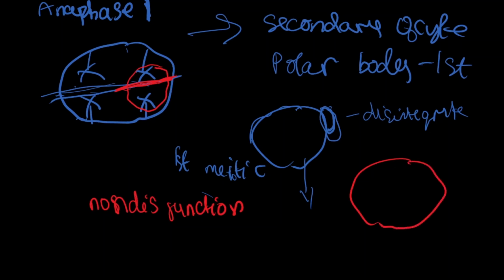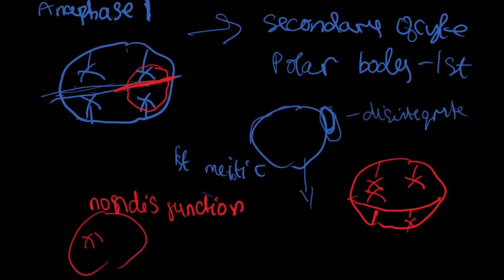We could have this homologous pair of chromosomes that do not separate, so they move to the opposite pole of the cell, and then we have this pair that separates. This will result in a cell that looks something like this, and another like this, and then we have this that looks like this. So this would result in the cell formation that looks like this.